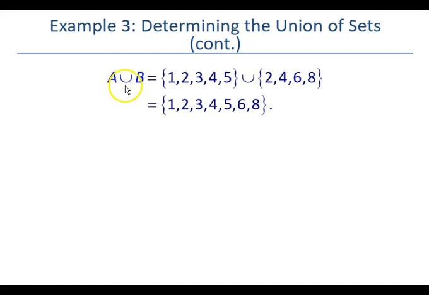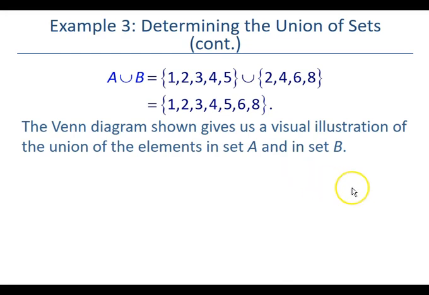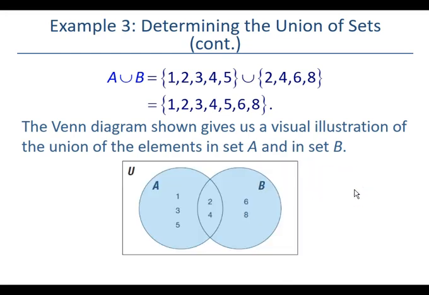A union with B lists the elements of A, the union symbol, and then bring them all together. Now, notice there are some that would also be intersection, but everything is included, and items are not repeated.